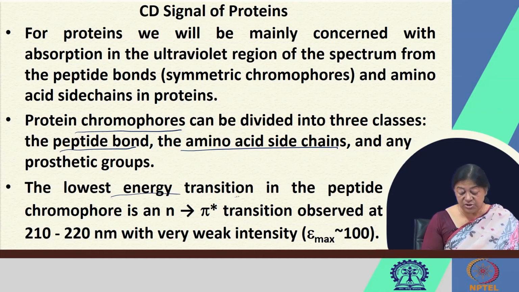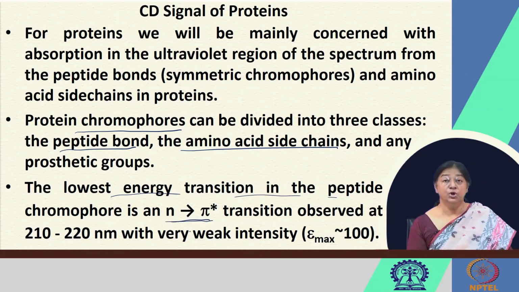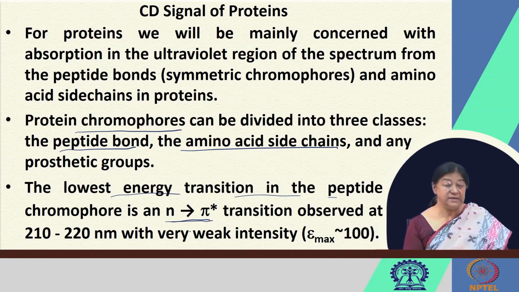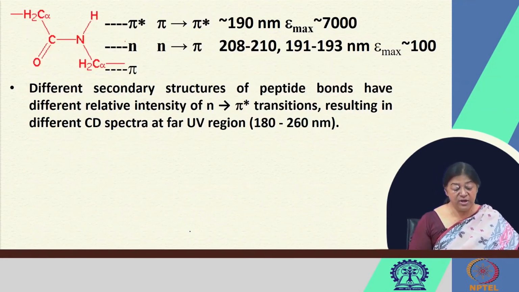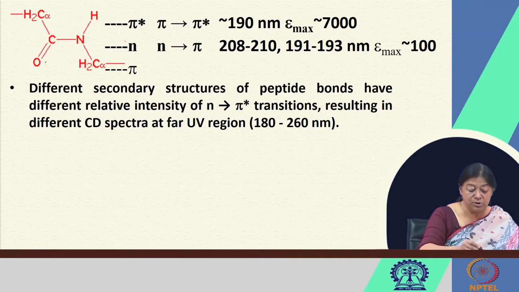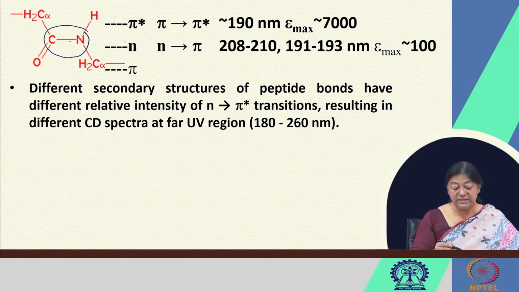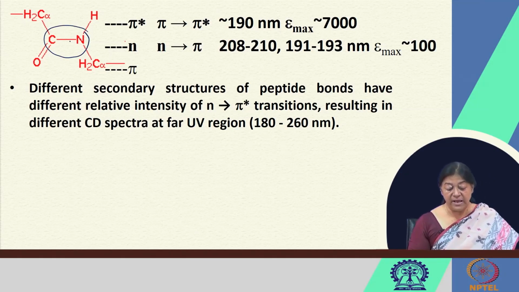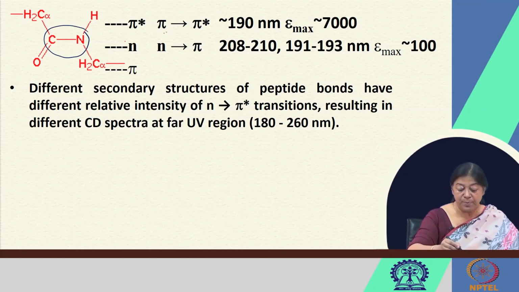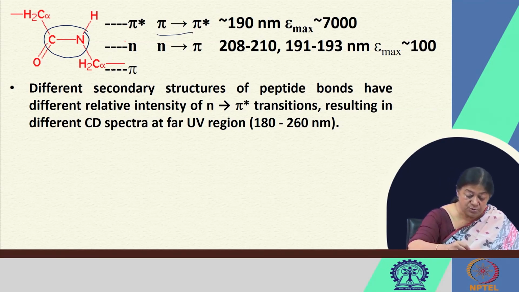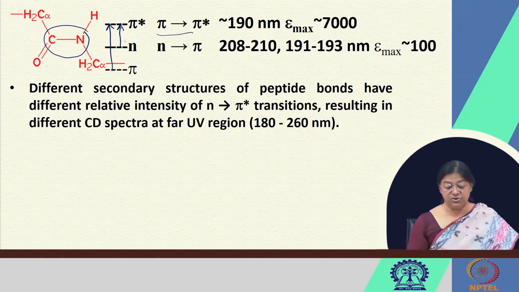The lowest energy transition in the peptide chromophore is an N to pi star transition, which we had discussed earlier for the peptide bond and its spectral characteristics. So, here is our peptide bond. We are looking at a transition from an N to pi star, and a pi to pi star transition, meaning this transition here, and N to pi star means this transition.